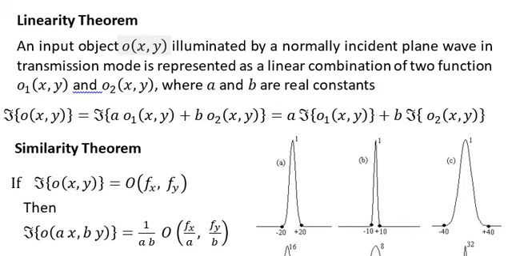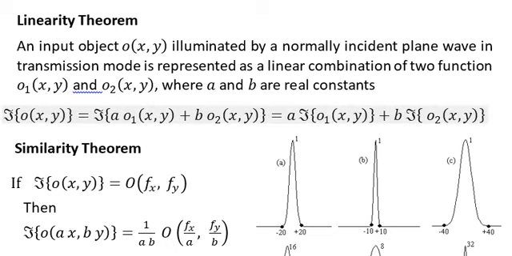An input object O at x, y illuminated by a normally incident plane wave in the transmission mode is represented as a linear combination of two functions O1 at x, y and O2 at x, y, where A and B are real constants. Then the Fourier transform of the object O at x, y is equal to the Fourier transform of their linear combination, which is A times O1 at x, y plus B times O2 at x, y.